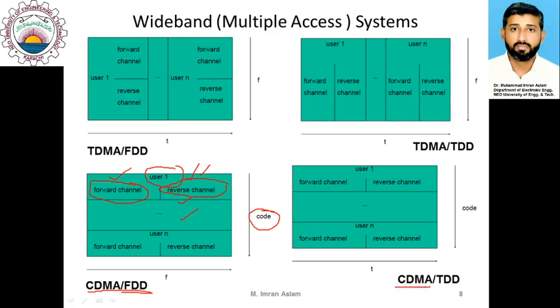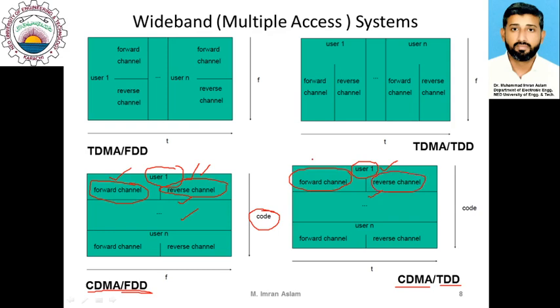Similarly, if we have code division multiple access but time division duplexing, in that case different users are allocated different codes, as I discussed before. So user 1 would have a specific pseudo-random code, user 2 would have a different pseudo-random code, and so on. Each user would have a different pseudo-random code, but the duplex channels are in different time slots.